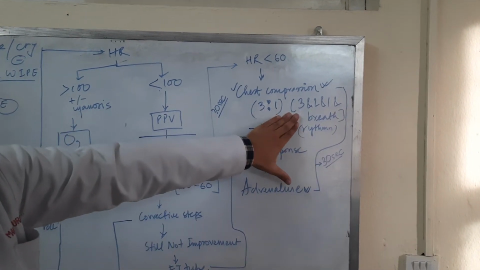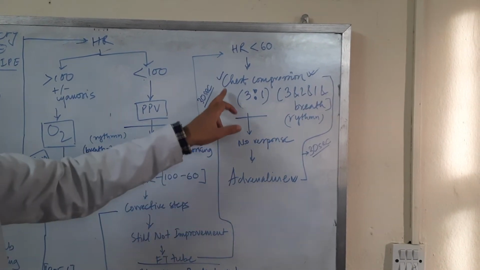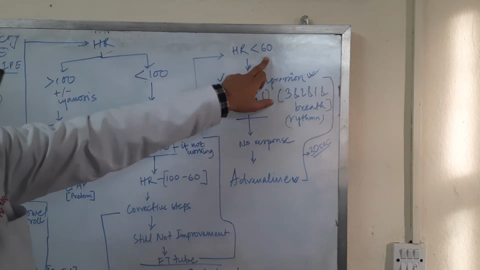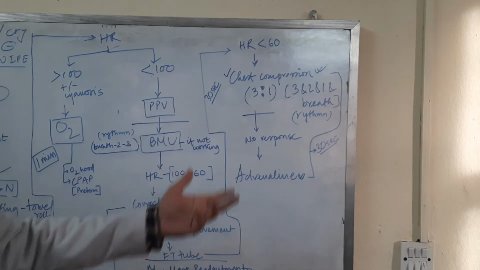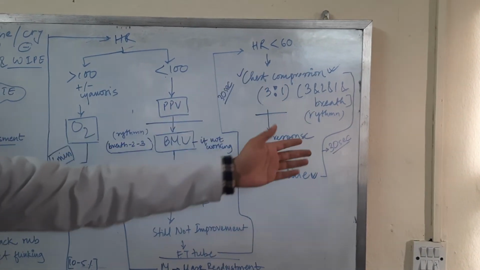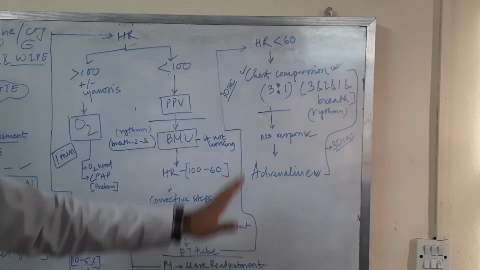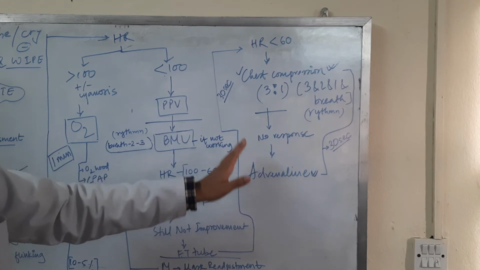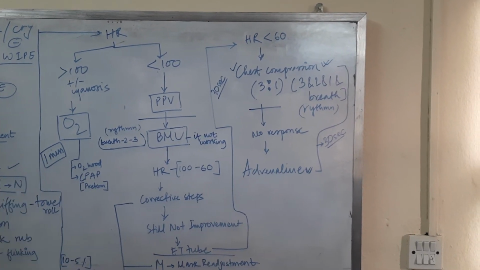If there is still no response, we are again continually monitoring the heart rate of the baby. If the heart rate of the baby continues to be less than 60, in addition to the steps taken here, we also apply 3 chest leads and then also a pulse oximeter in the toe.